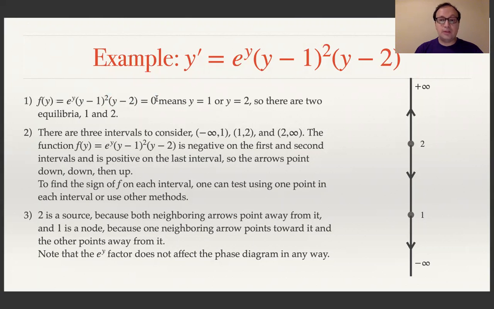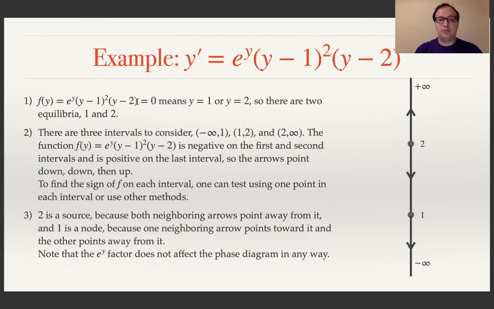If a product is 0, this means that one of the factors in the product must be 0. e^y can never be 0, so either (y - 1)^2 is 0 or y - 2 is 0, which means either y = 1 or y = 2.